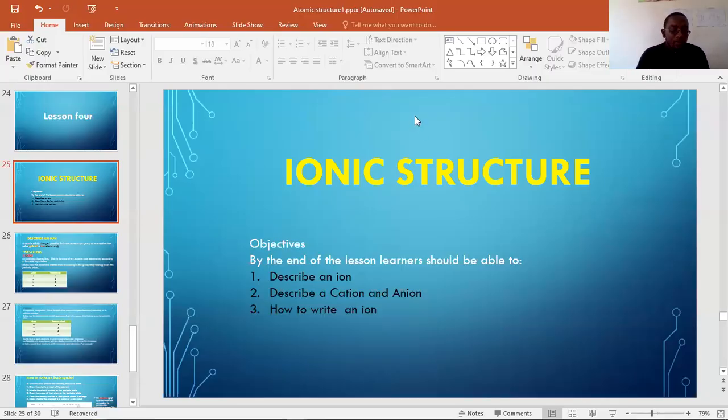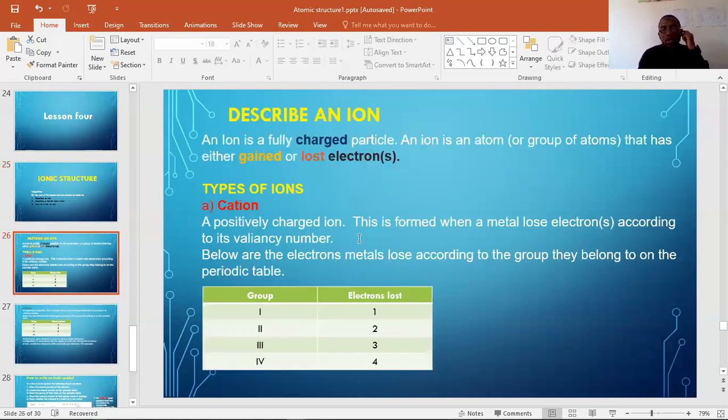All right, so we're going to describe what an ion is. What is an ion? An ion is a fully charged particle.